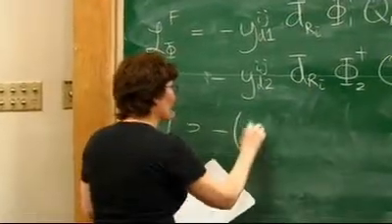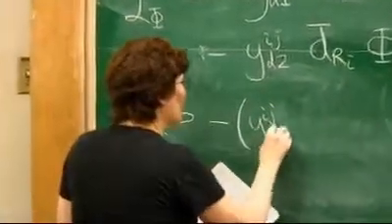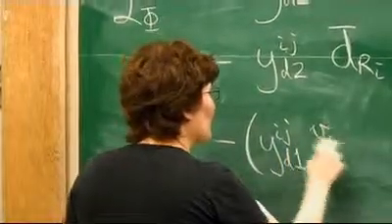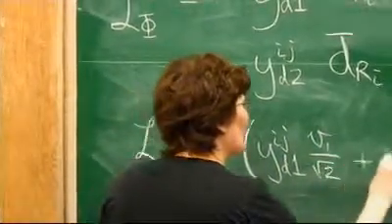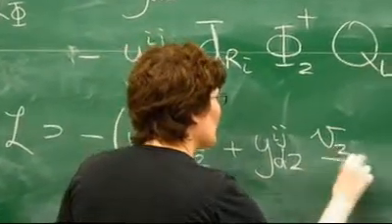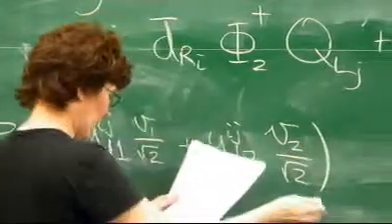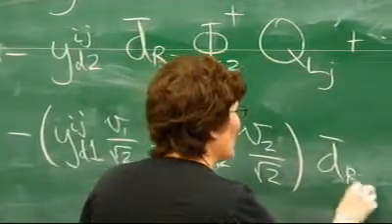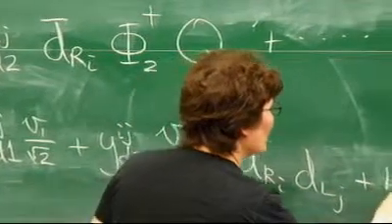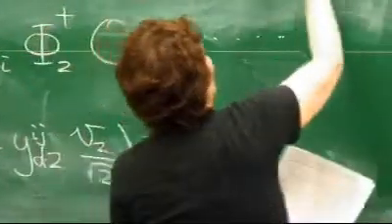So you're going to have the Yij d1 v1 over root 2, plus Yij d2 v2 over root 2, d bar right i d left j plus Hermitian conjugate here.